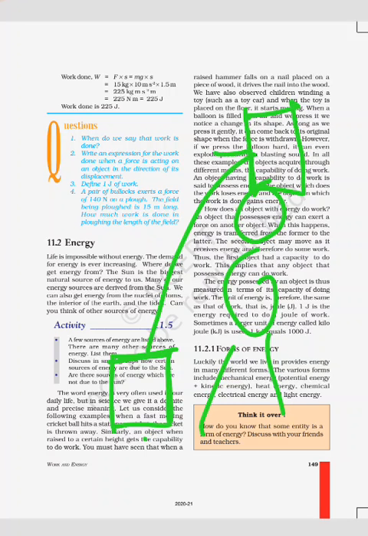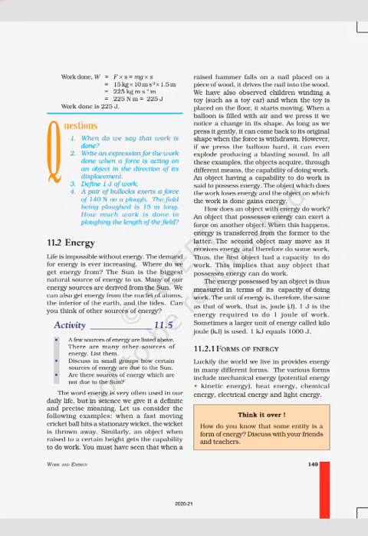But after that, when he moves in the horizontal direction, any direction, he will do no work, because in that case the force will be this and the direction of displacement will be this. It will be an example of zero work. In the scientific definition of science, we will say that he is not doing any work.